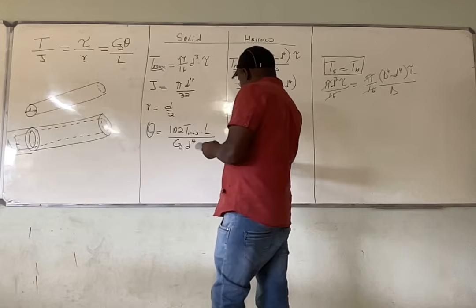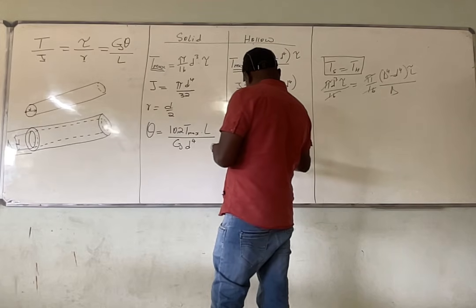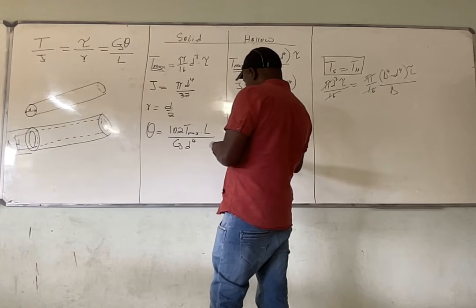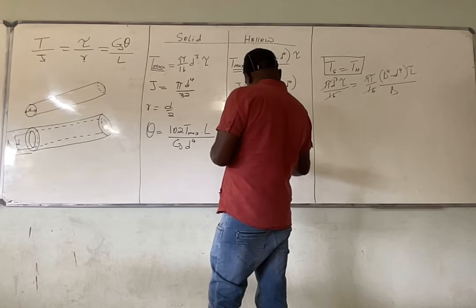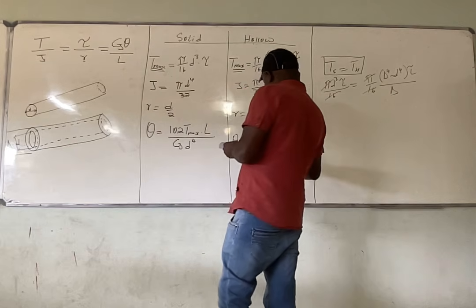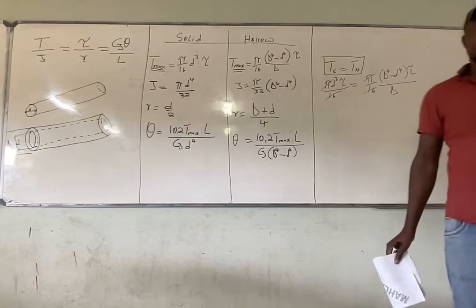For this one, the hollow shaft, it is 10.2 Tmax times L all over G into d to the power 4 minus i to the power 4, in radians.